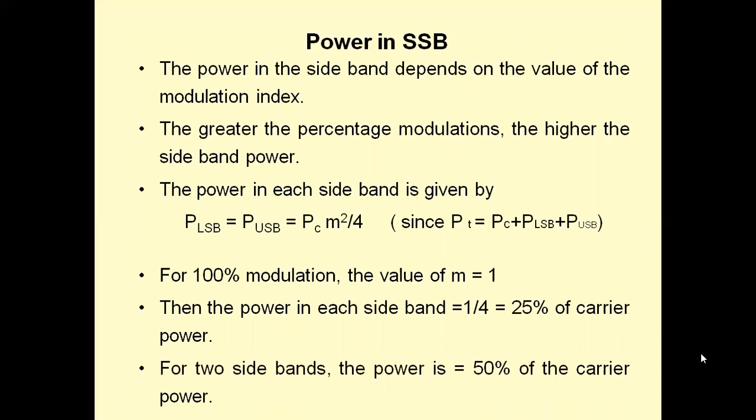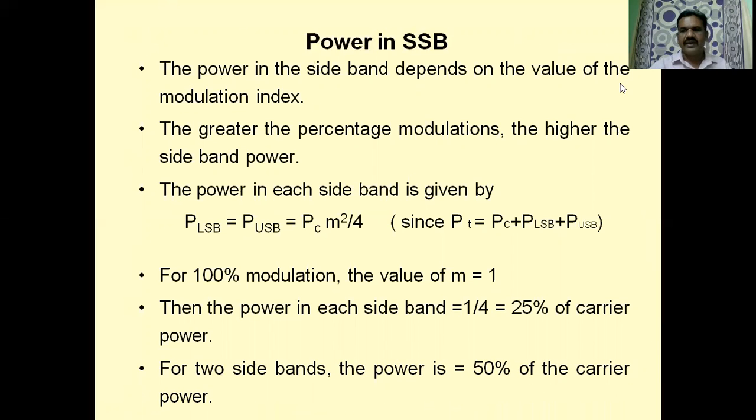Power in SSB. We saw that AM requires power equal to carrier power plus upper sideband power plus lower sideband power. If we remove the carrier from the AM wave, we get the upper sideband and lower sideband.